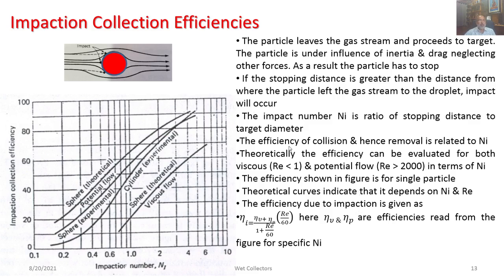In the case of wet collectors or scrubbers, we consider mainly the mechanism associated with the movement of the particulate through the gas stream, leaving its place in the gas stream, reaching the target, impacting that target, getting dissolved, absorbed, adhered, and subsequently removed.